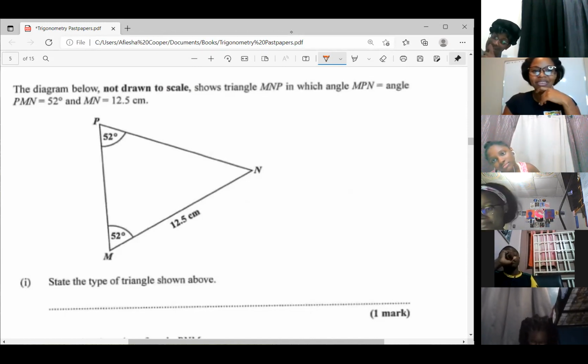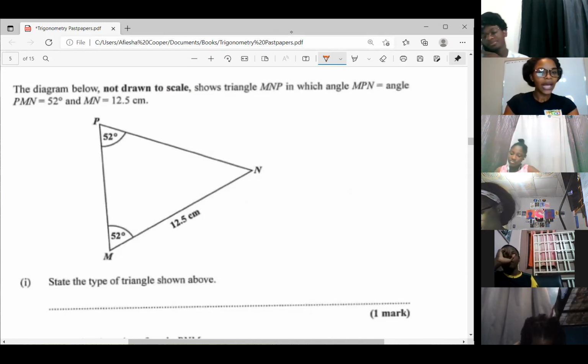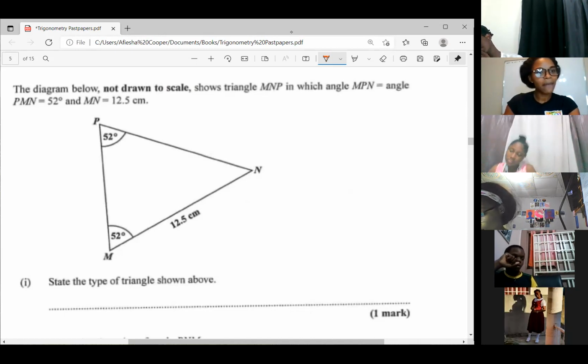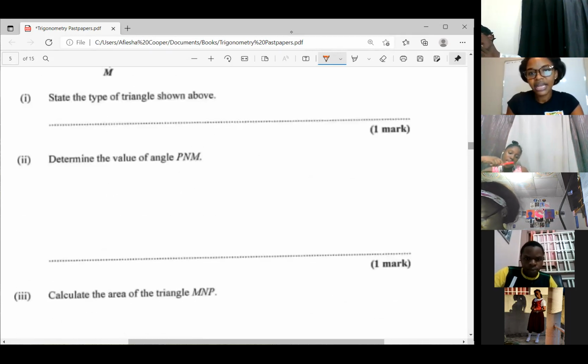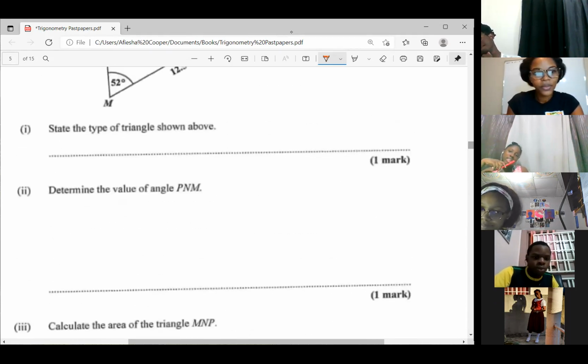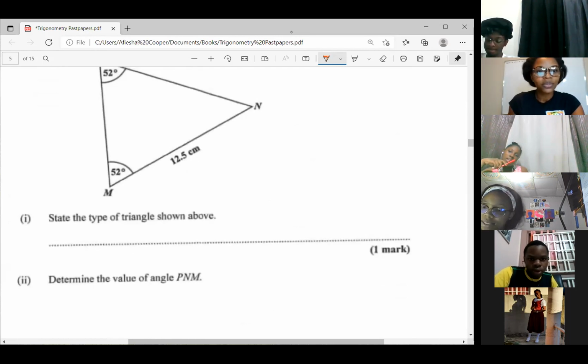So the diagram below, not drawn to scale, shows M, N and P. Angle PMN is 52, line MN is 12. What's the type of triangle here? Is it equilateral?